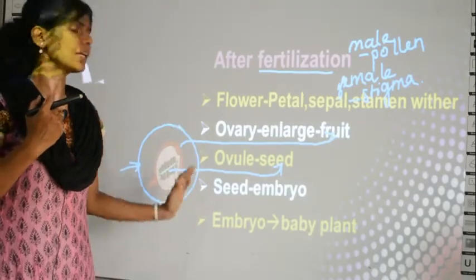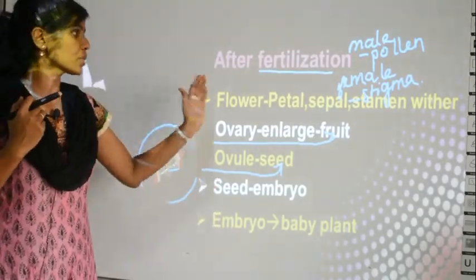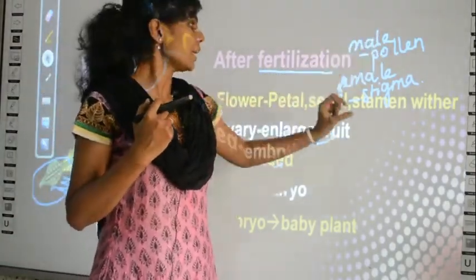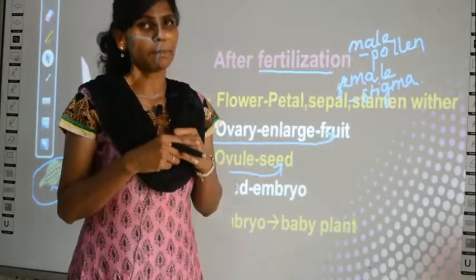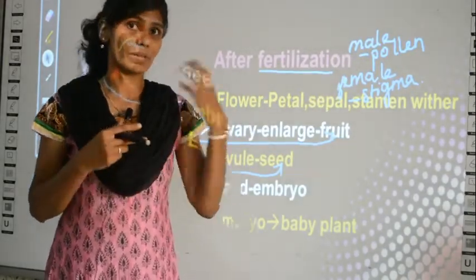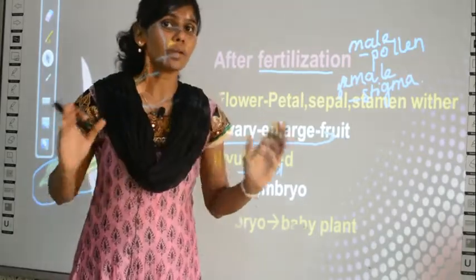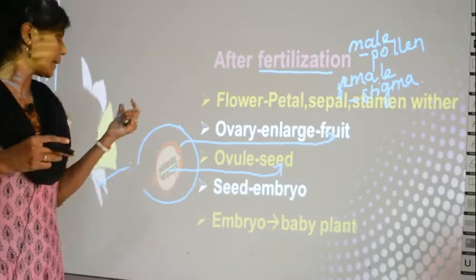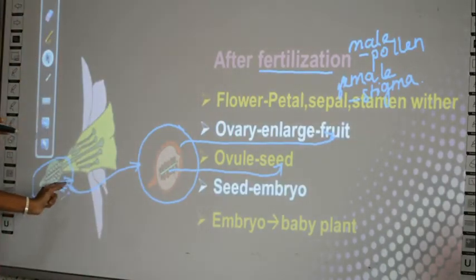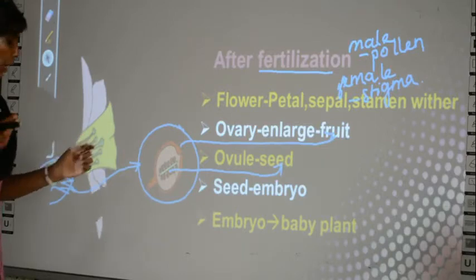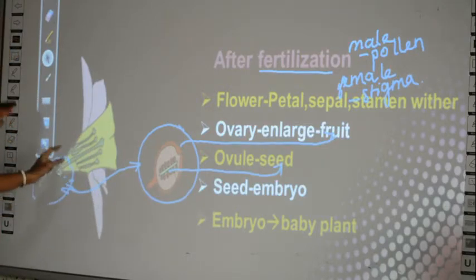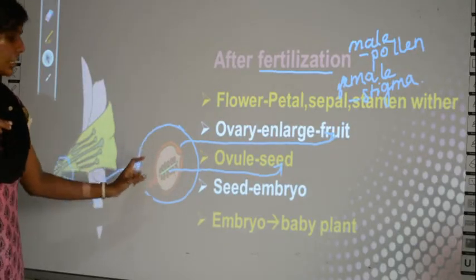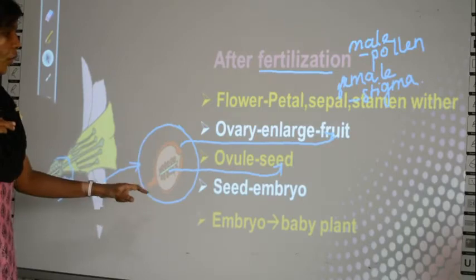So what have you studied in this slide? After the process of fertilization, what is fertilization? When a male pollen grain fuses with a female stigma, it is called fertilization, which we studied in our previous class. After fertilization, what changes will happen in a flower? The petal, the sepal, and the stamen will fall down. Only the ovary will remain. This ovary will enlarge bigger and bigger, and this bigger ovary is now called the fruit.